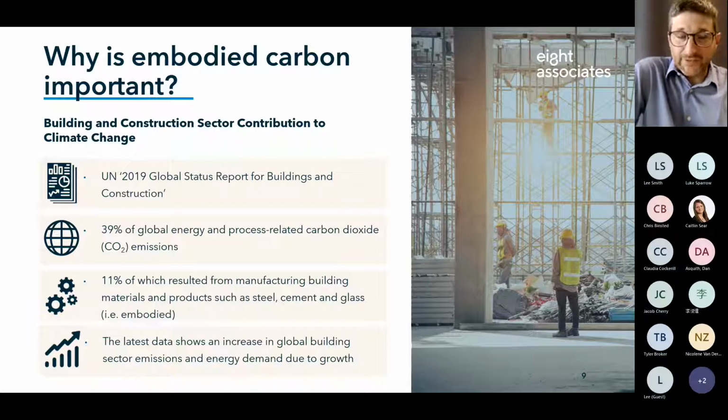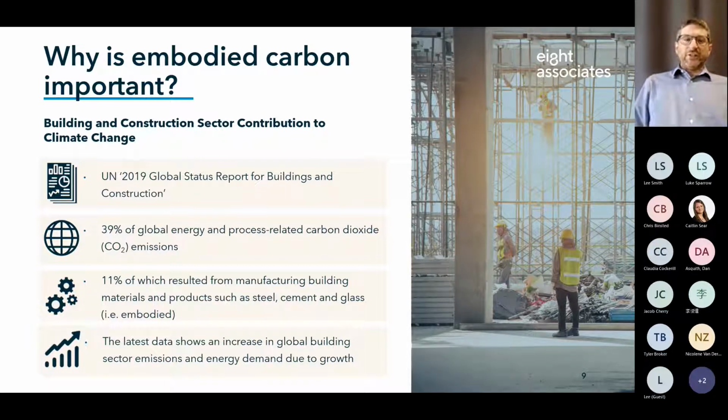In fact, of CO2, so that's not even including other greenhouse gases. And of that, a significant proportion is not due to the operational energy, it's due to materials, and particularly the main construction materials of steel, cement, glass, the embodied carbon, the products and materials side of carbon emissions from buildings.